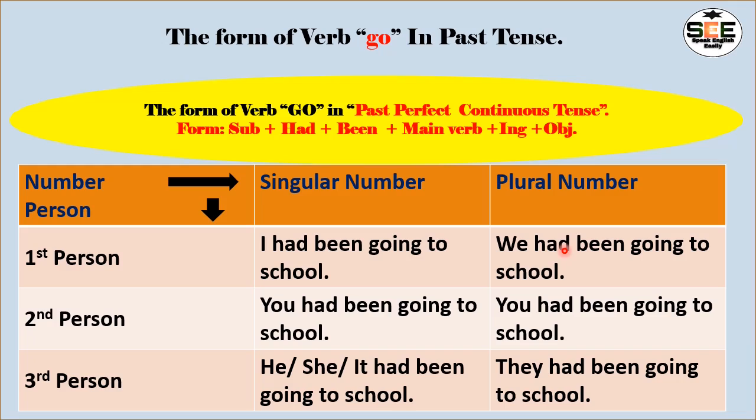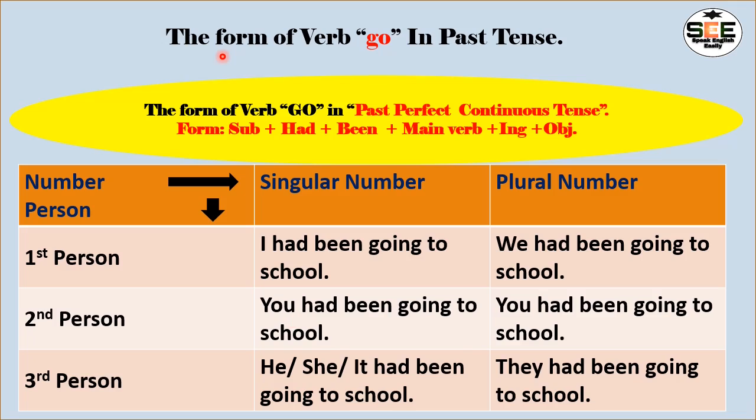Had is the helping verb and been is the be verb's past participle form, and go is the main verb, and ing is the continuous form, and school is the object. So we had been going to school. Okay, and if we see the second row of this table, second person, we can read here, you had been going to school.